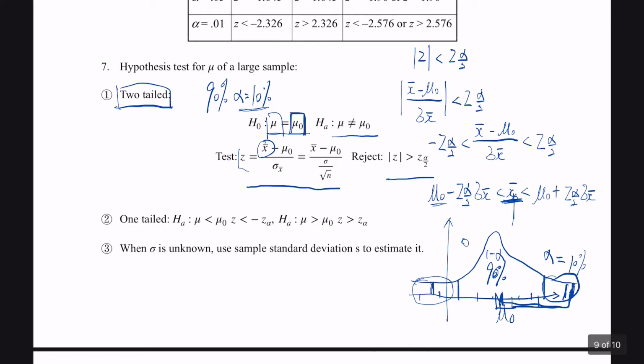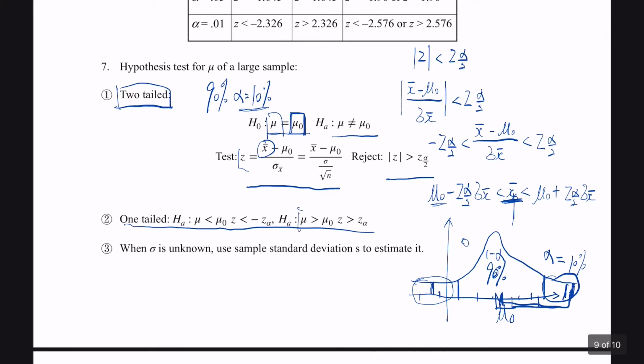So that's how we do hypothesis testing. Right now it's easy to understand. It's comprehensible.